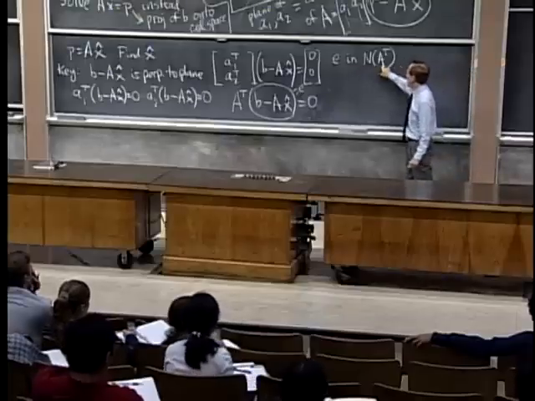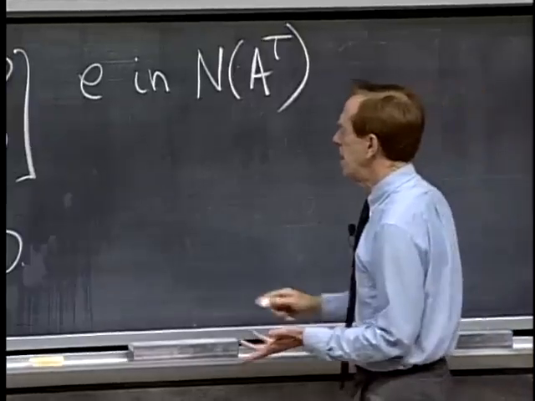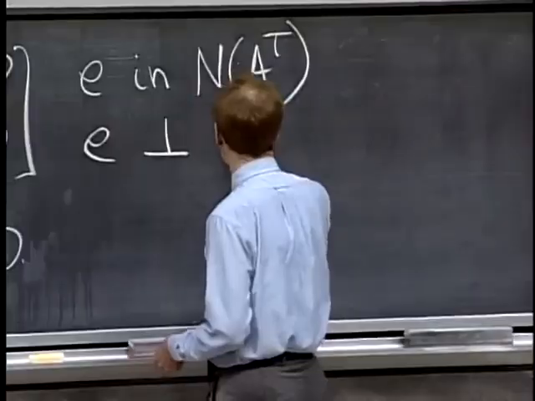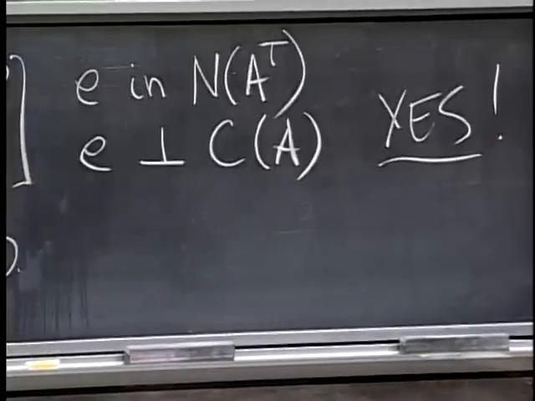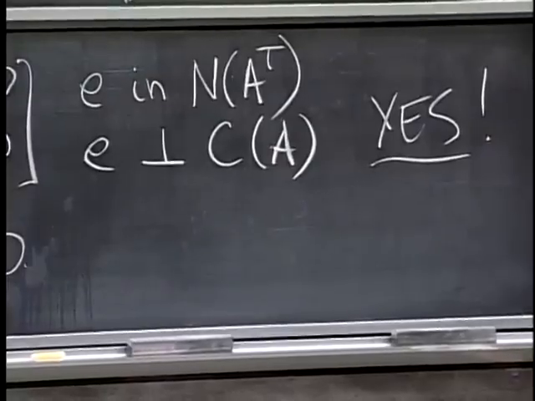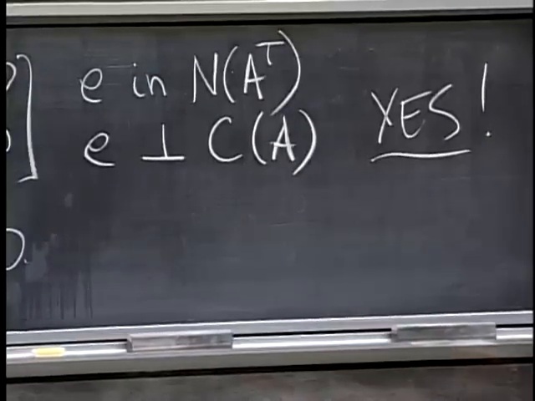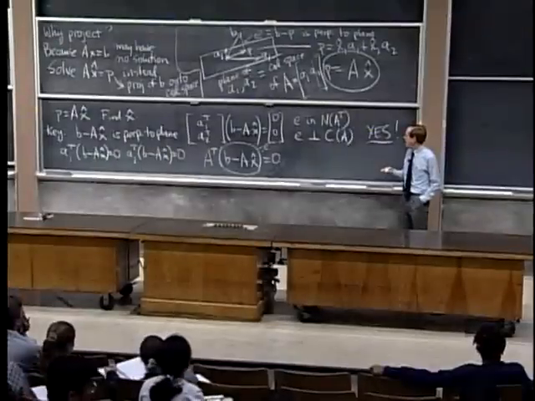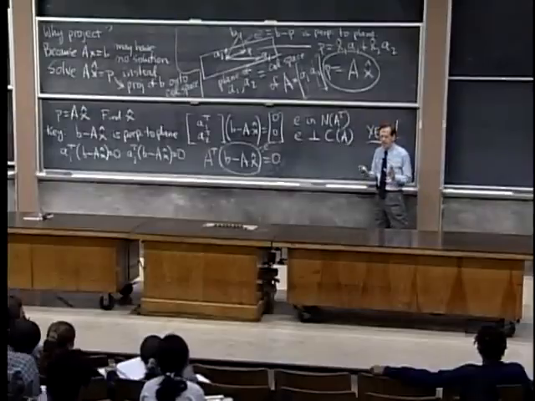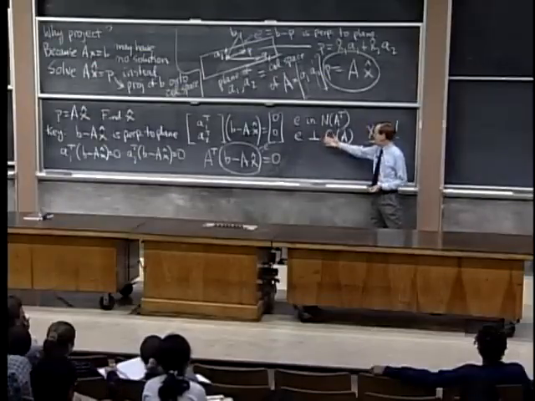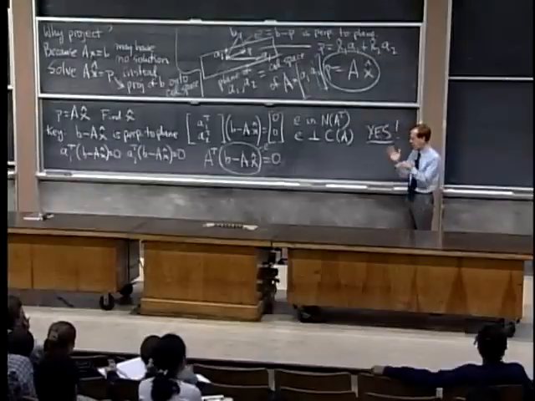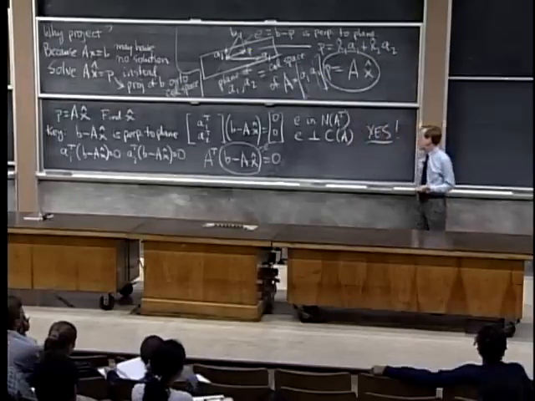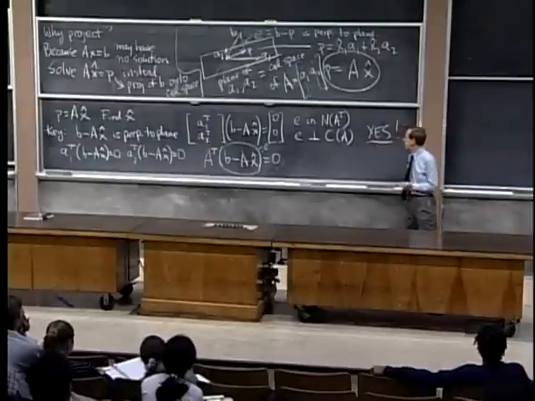So E in the null space of A transpose says E is perpendicular to the column space of A. Okay, the equation that I struggled to find for E really said what I wanted: that the error E is perpendicular to the column space of A.